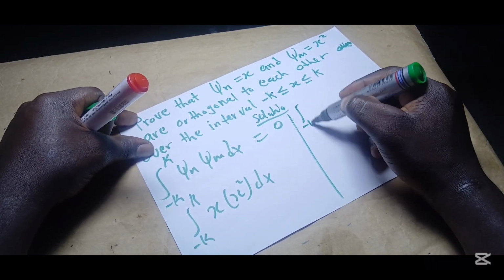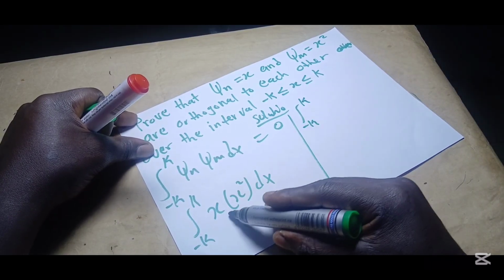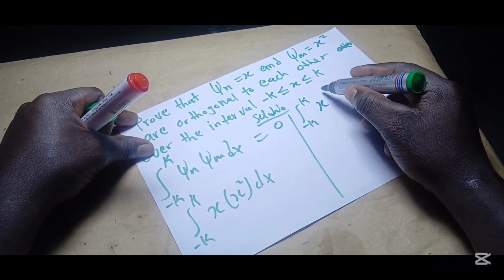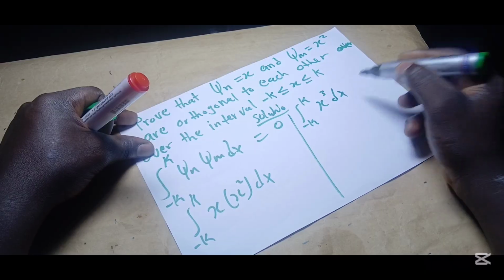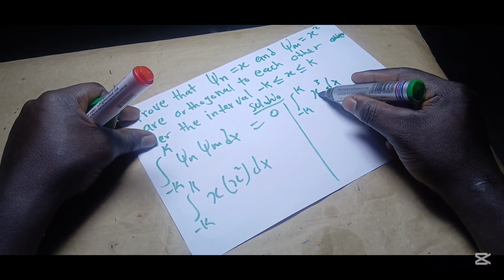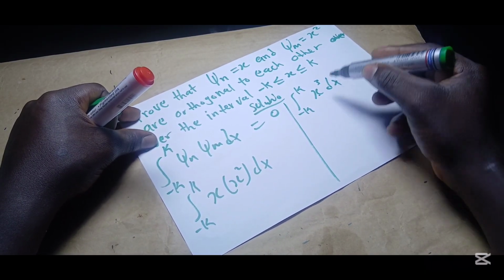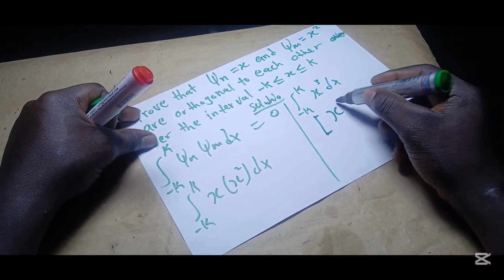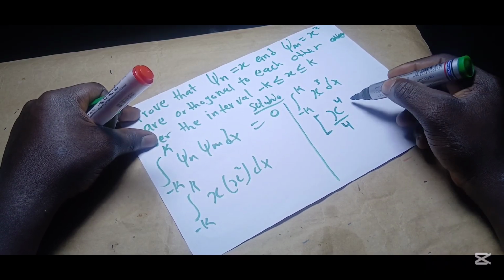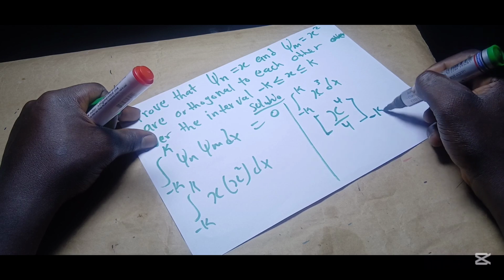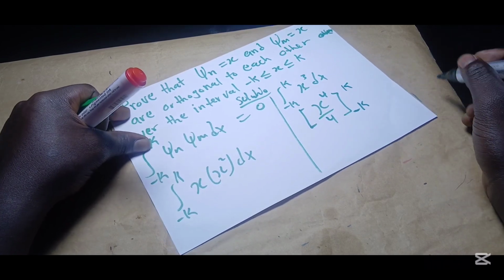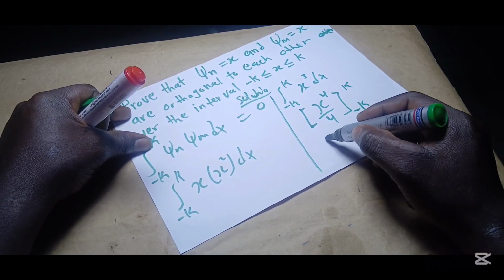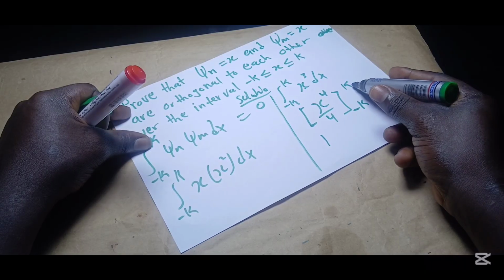So integral from negative k to positive k, x multiplied by x squared gives us x to the power 3 dx. Integrating x to the power 3, the power will increase by 1, then we divide everything by the new power. So x to the power 4 over 4. The limit of integration is minus k to positive k. So we now put in the upper limit. Wherever we see x, we replace it by k.